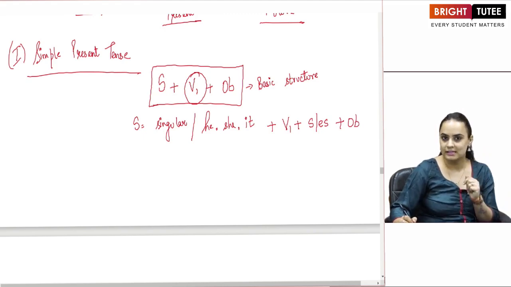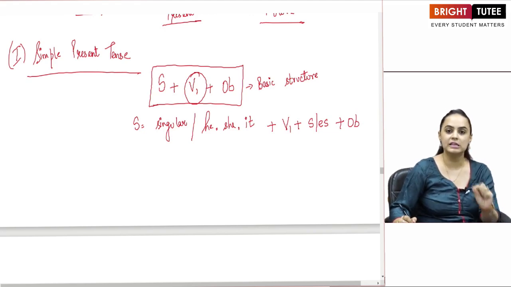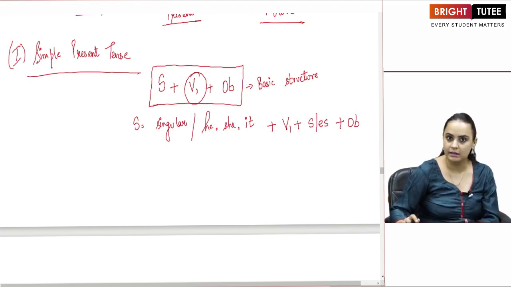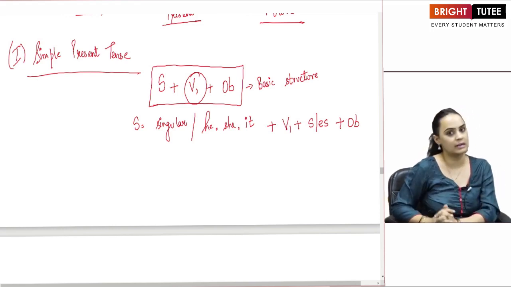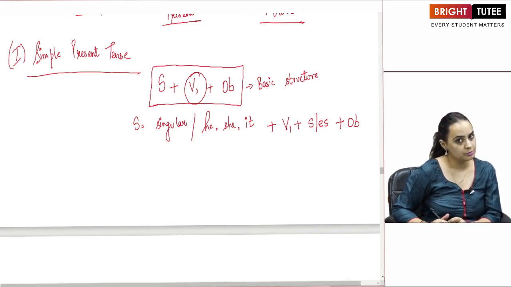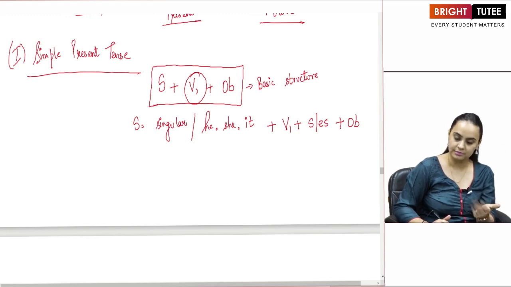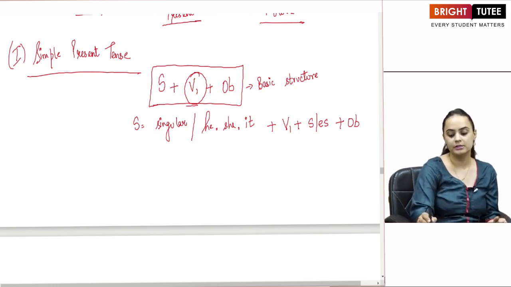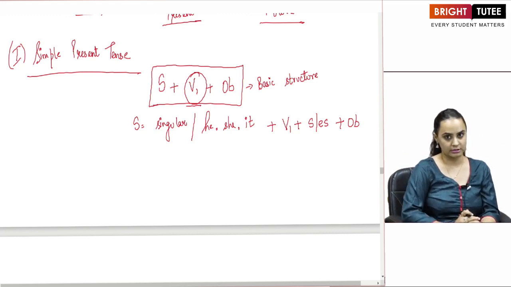So what is it that I have taught you? Subject can either be singular or plural. This is something that we all know. If your subject is plural, then you will first write the subject, followed by the first form of the verb, and then the object.